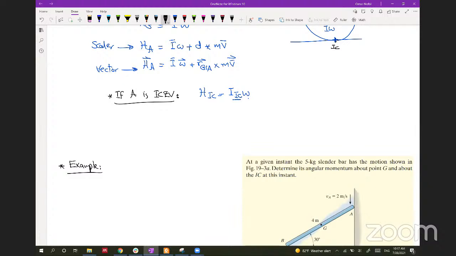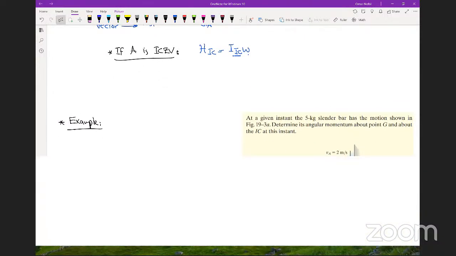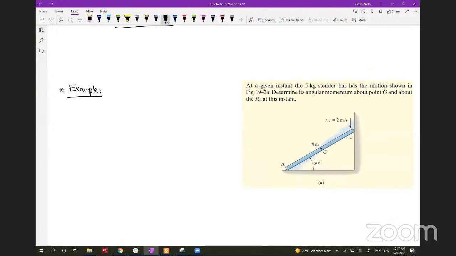All right, so let's solve this example. In this example, it says that at a given instant, the 5 kilogram cylinder bar has the motion shown. The motion shown is that VA is moving down with 2 meters per second. And intuitively, you will know that VB will be moving in this direction as soon as VA is moving in this direction.